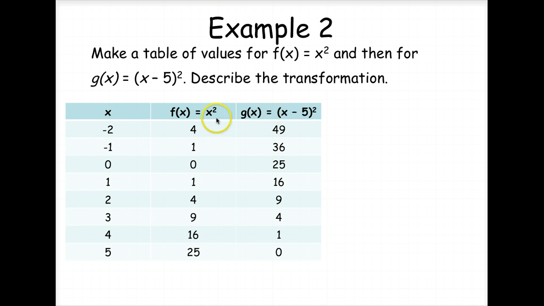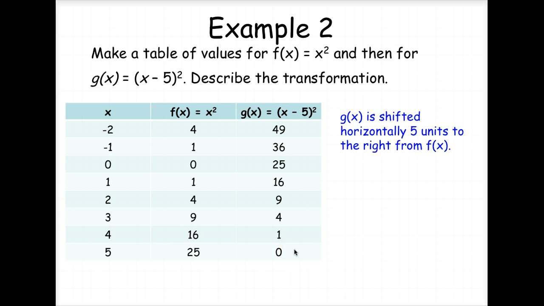And then when we substitute these values in for x and g of x, these are the values we get. So what is happening? g of x is going to be shifted horizontally 5 units to the right. Remember, inside the grouping symbol goes the opposite direction you think. So 5 units to the right of x squared.